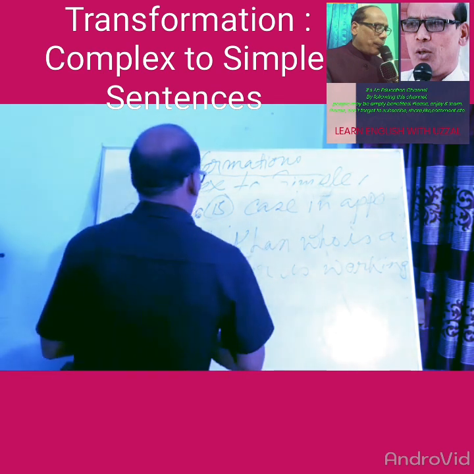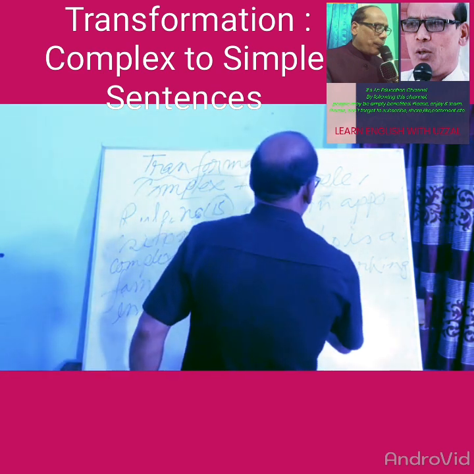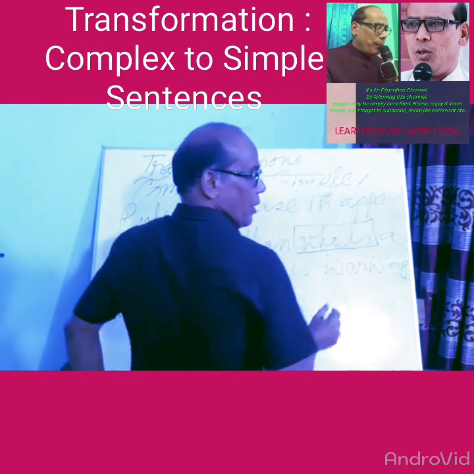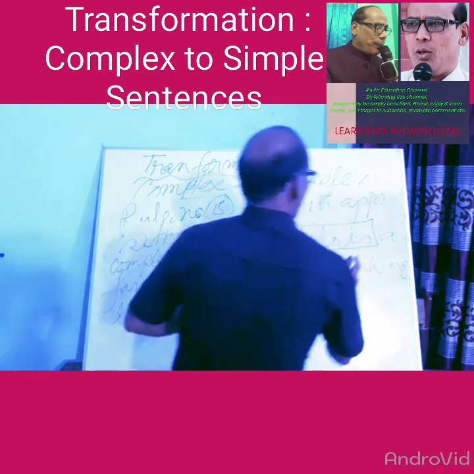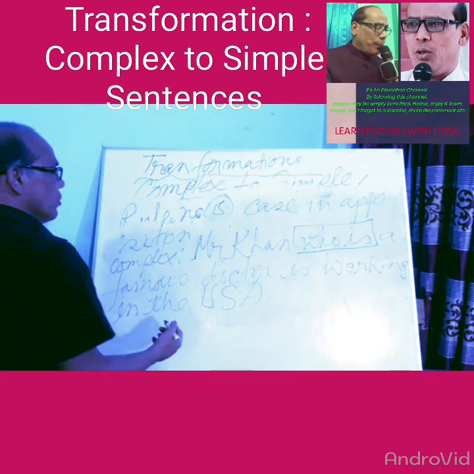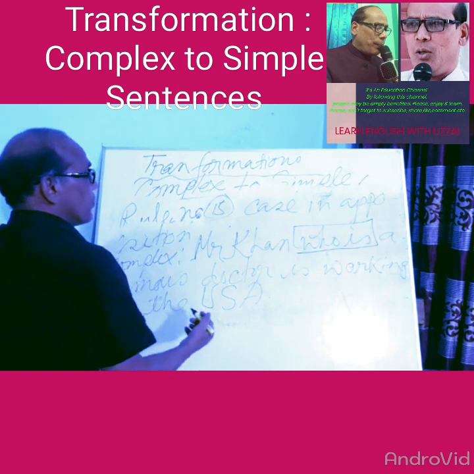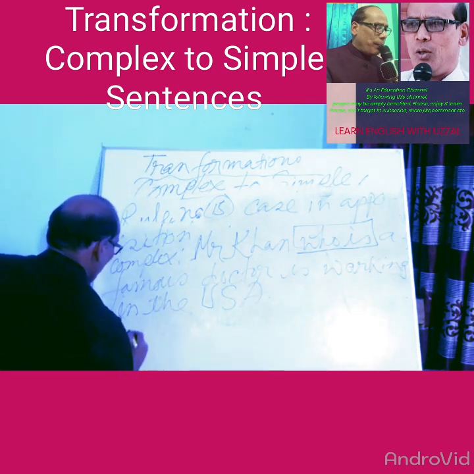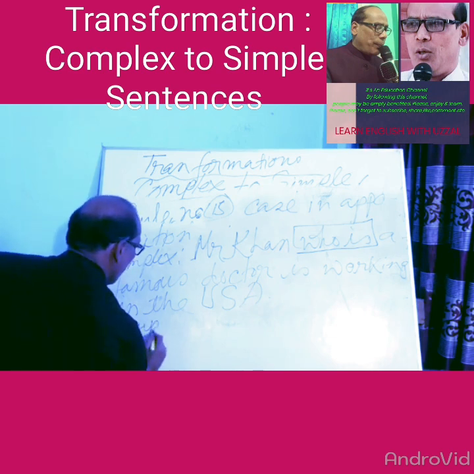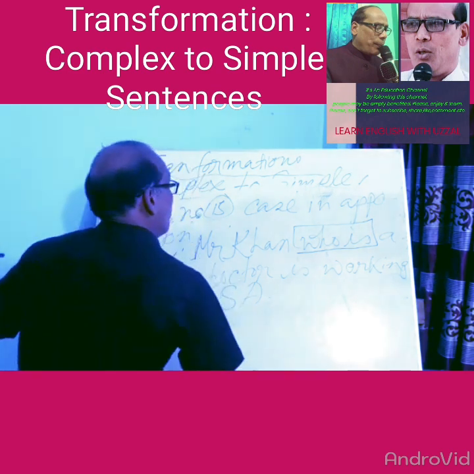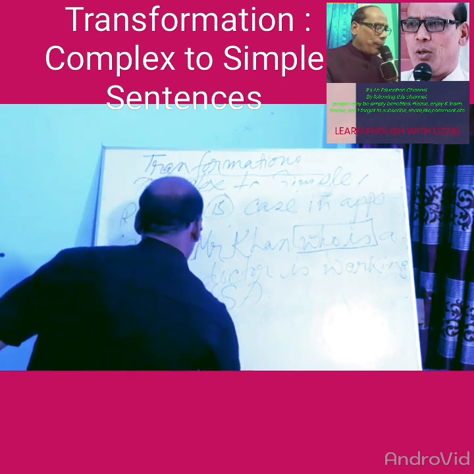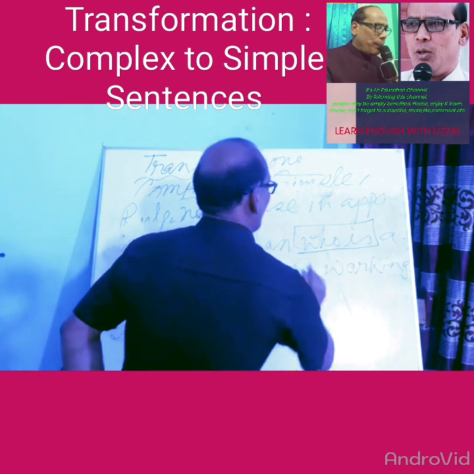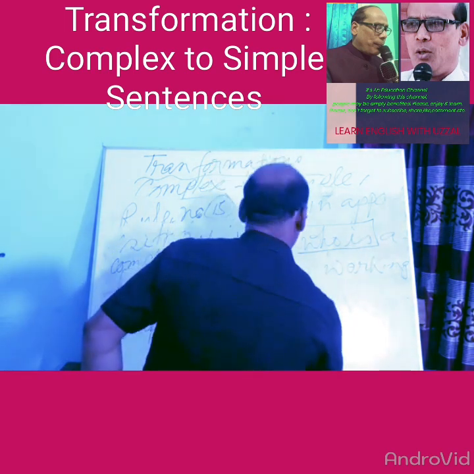Here, you see Mr. Khan, we can omit who is. And you will have to use only two commas before and after the apposition. This is the last one. Simple. Mr. Khan, who is will be omitted, comma.